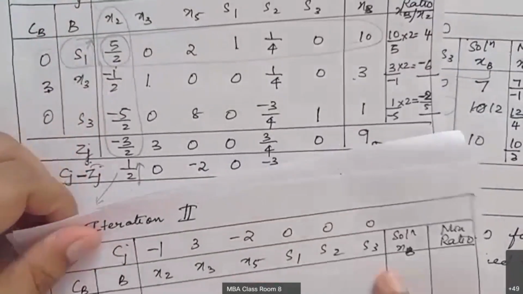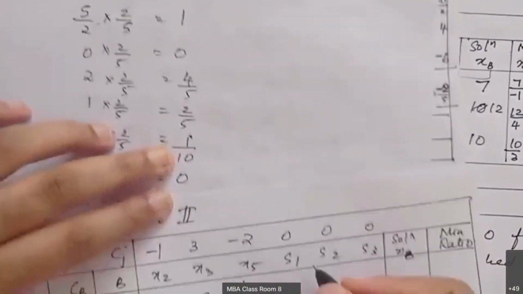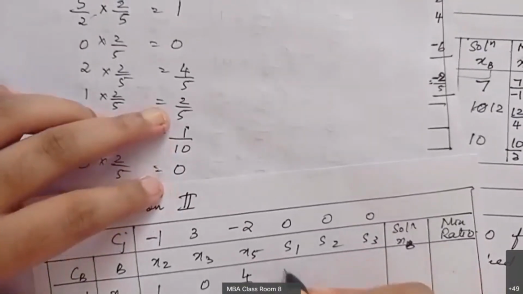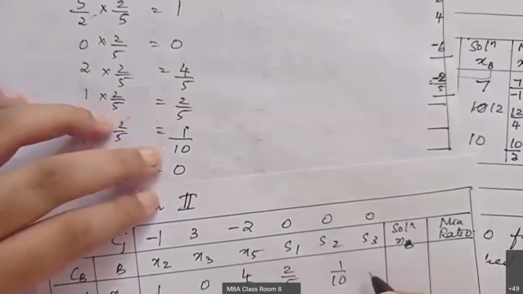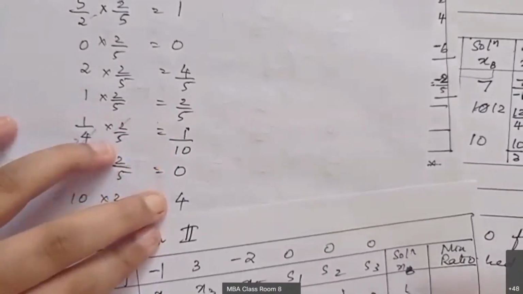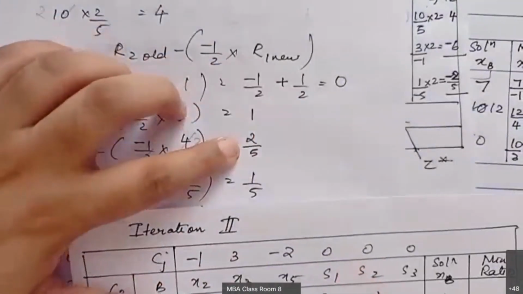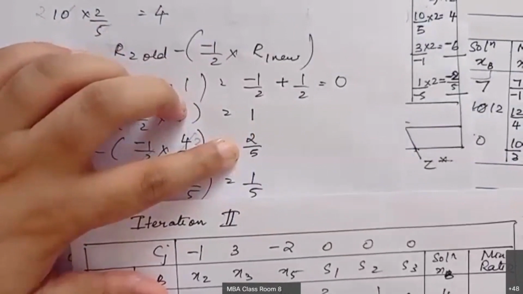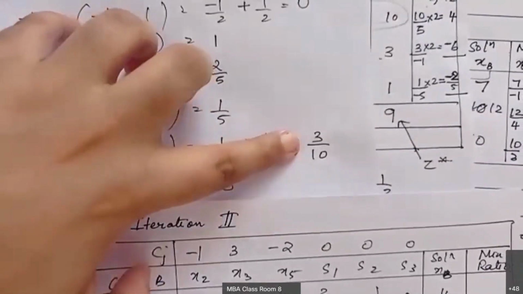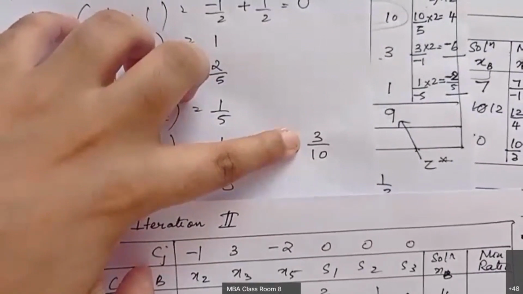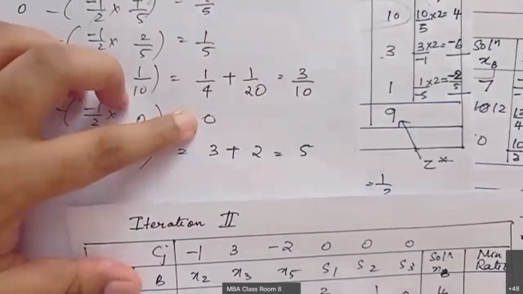Now we have to write the new values of R1, R2 and R3. Okay. Here we have R1 new. Okay, so 1, 0, 4 by 5, 2 by 5, 1 by 10, 0 and 4. Okay. R2 new, values of R2 new, 0, 1, 2 by 5, 1 by 5, 3 by 10, 0 and 5.